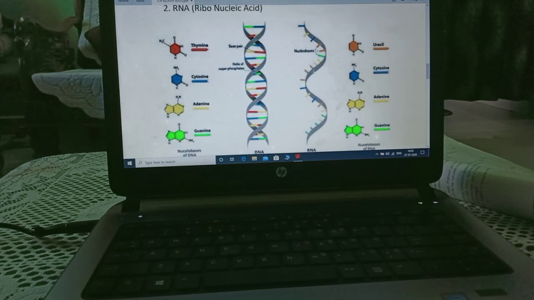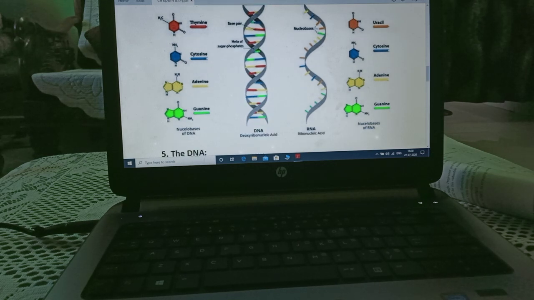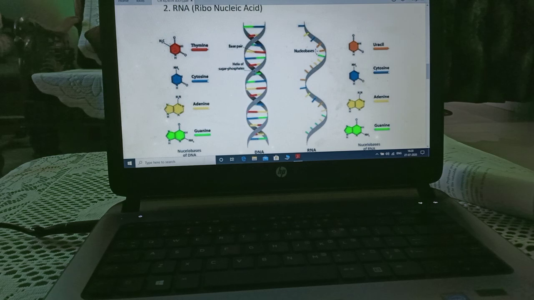Now first we will understand the difference between DNA and RNA. You can see in what manner RNA and DNA differ. These are the nucleotides: thymine, cytosine, adenine and guanine, which are present in DNA, and in RNA in place of thymine, uracil is present.